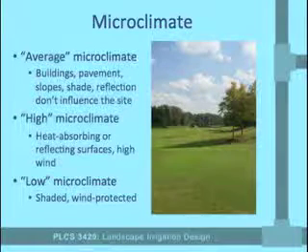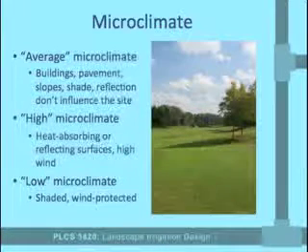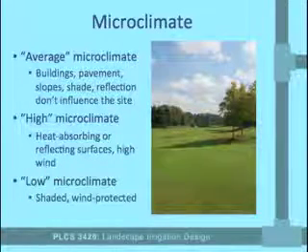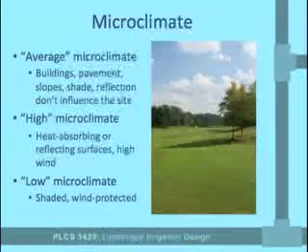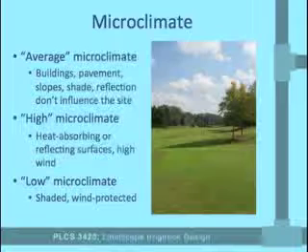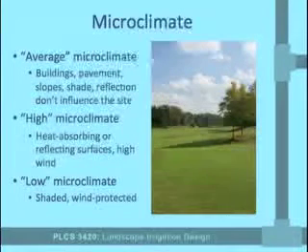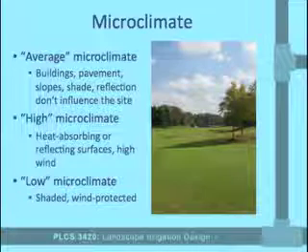And with microclimates, they can be described in a lot of ways, but I like these fairly simple descriptions here. An average microclimate would be a condition where things like adjacent buildings or pavement, slopes, shade, and reflection don't influence the site and the irrigation or water use on the site.